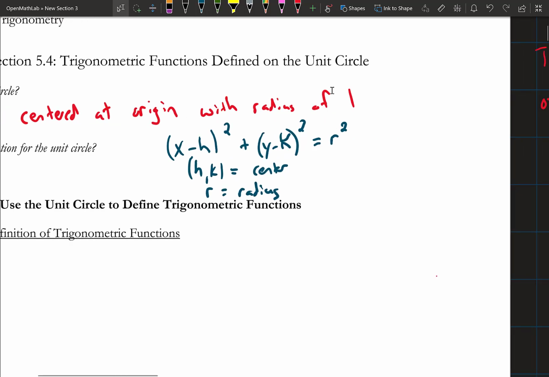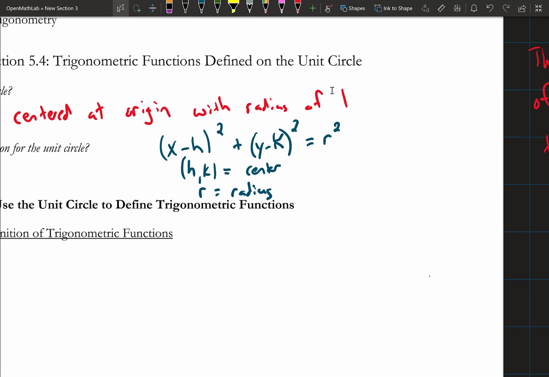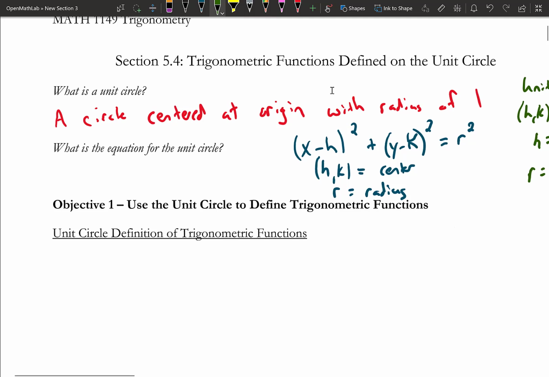right? So thinking about this in terms of the unit circle, (h, k) is going to equal the origin, right? The center is at the origin, so we get 0, 0. So in other words, h equals 0 and k equals 0. And then the radius is 1, right? So r equals 1.